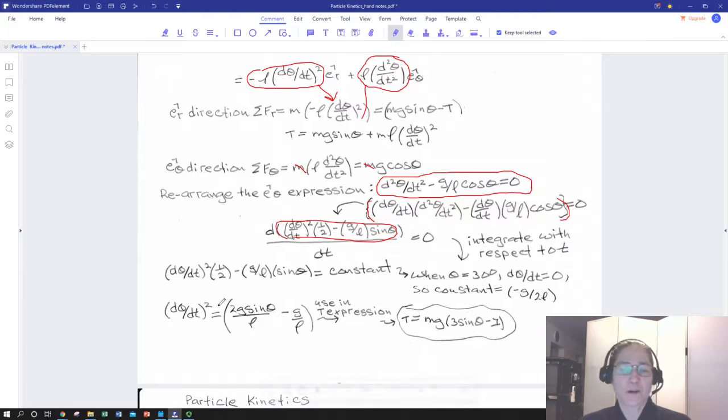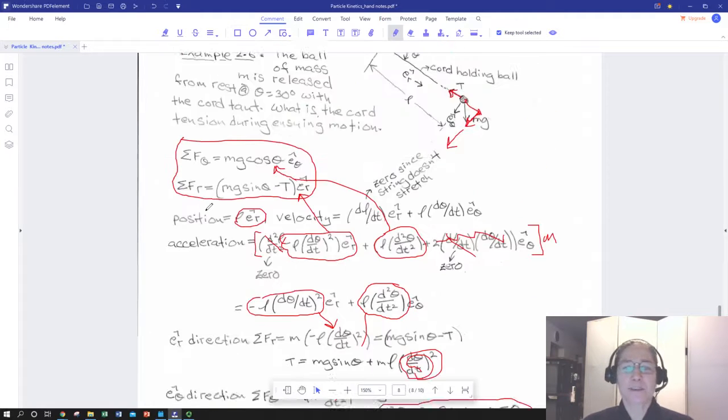So we isolate d theta dt squared and use our initial condition evaluation of this constant, and we have 2g sine theta over L minus g over L. Plop that in right here, and we end up getting tension at any time is mg, so the weight of the body, times 3 sine theta minus 1. Not necessarily intuitive.